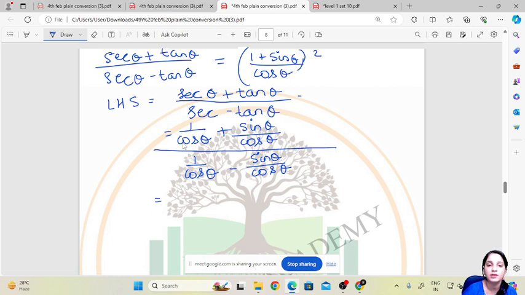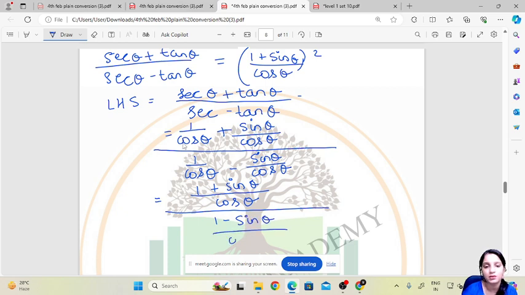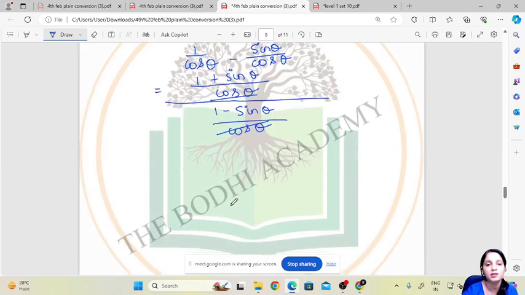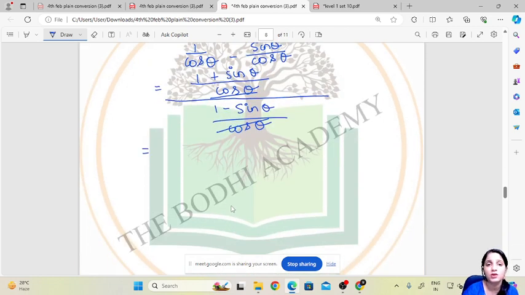Now here we have to take the denominator, cos theta, so it is 1 plus sin theta, the whole upon 1 minus sin theta upon cos theta. Okay, now here cos theta gets cancelled. Here you have 1 plus sin theta upon 1 minus sin theta. Now this you have to rationalize.